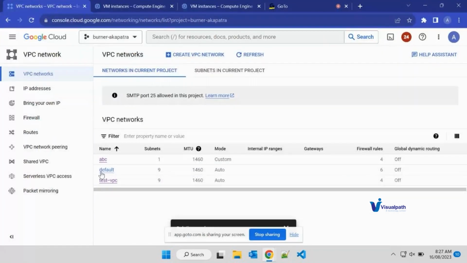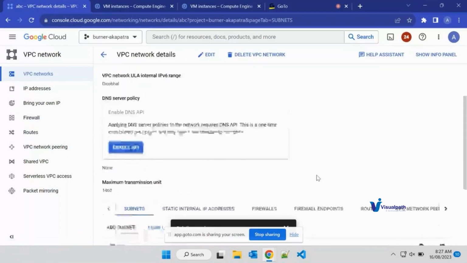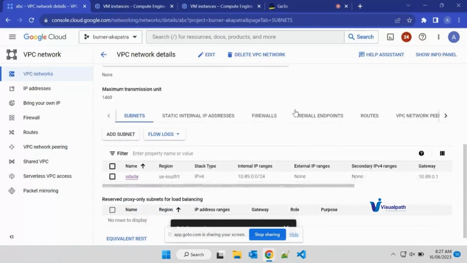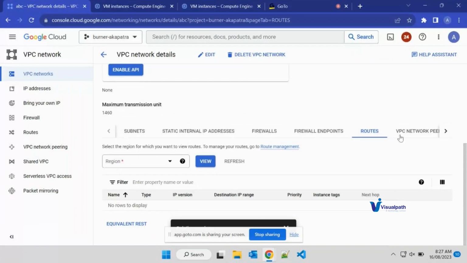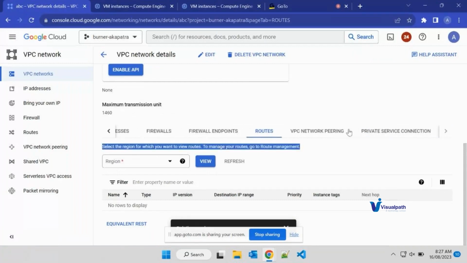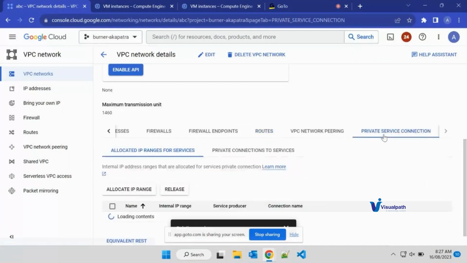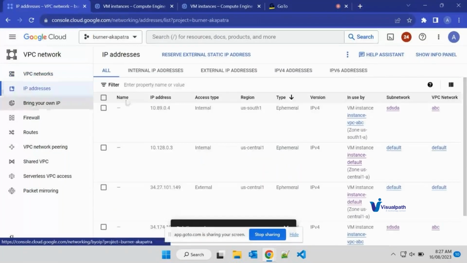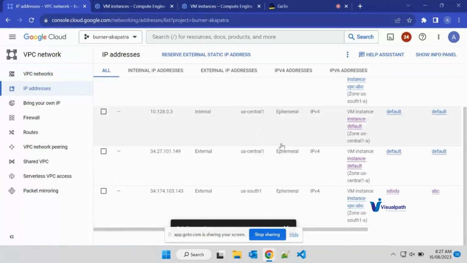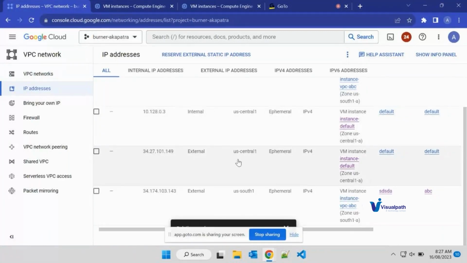First, if I show you for the ABC subnet, if you go in and to your right hand side, there is a route. Here it is.